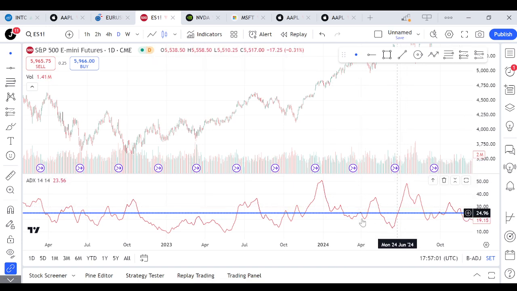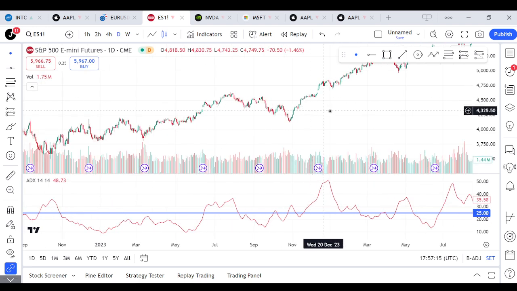So this is the ADX, and the 25 line, when the readings of the ADX is above 25, it indicates a strong trend. While when it's below 25, it suggests a weak or non-existent trend.